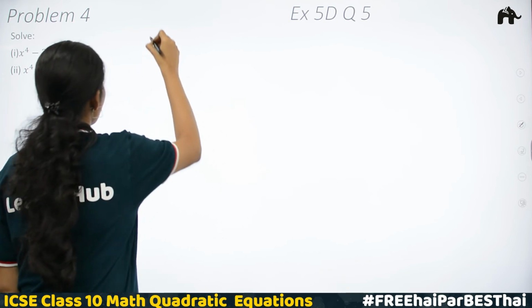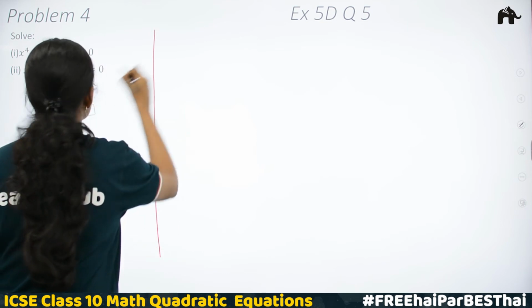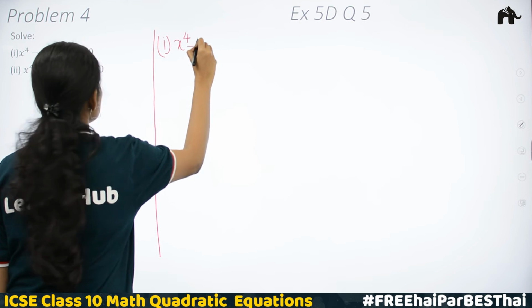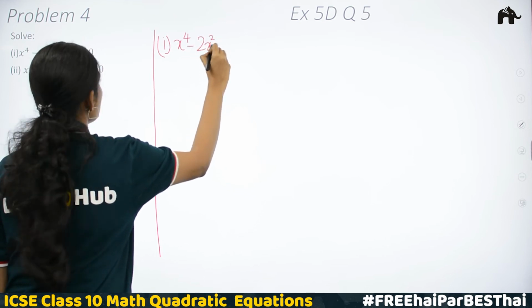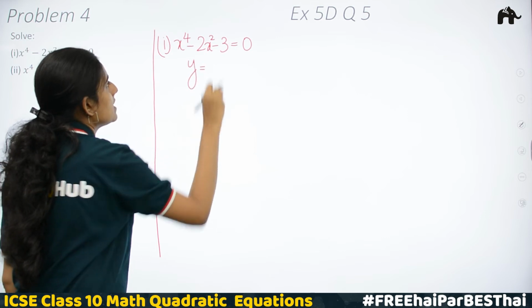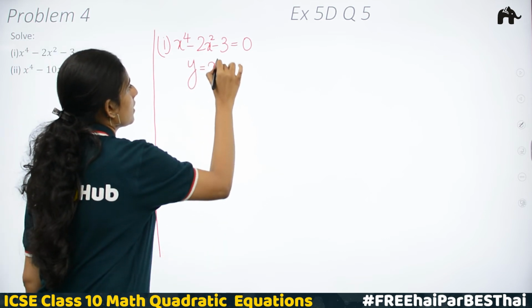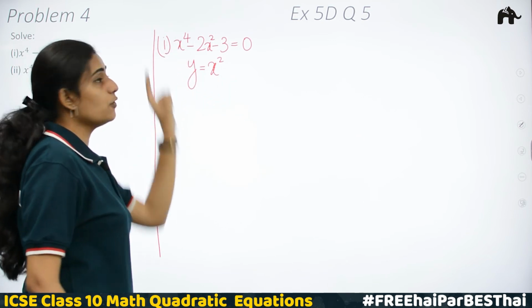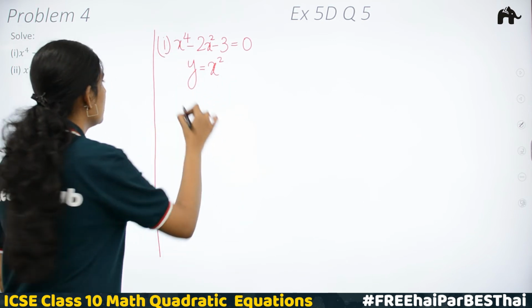Okay. The first question: x raised to 4 minus 2x square minus 3 is equal to 0. Let us substitute y is equal to x square. If y is equal to x square, x raised to 4 can be written as y square.